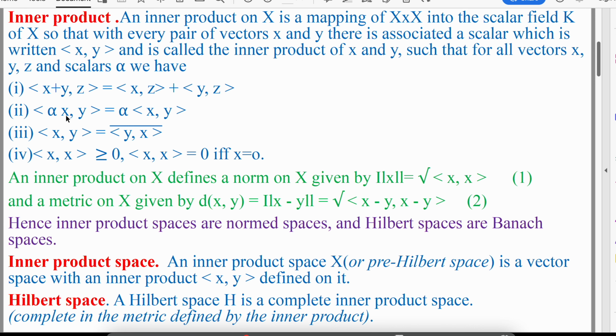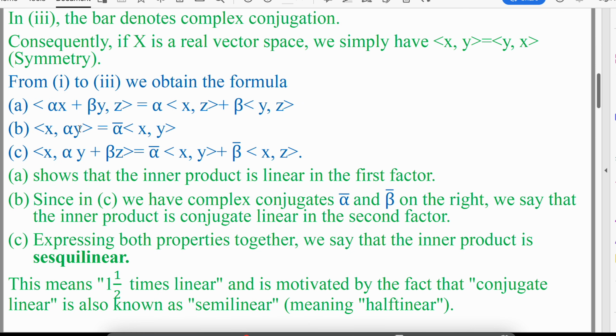So inner product of alpha X and Y is equal to alpha times inner product of X and Y. But here alpha is on the right side. So in this case, inner product of X and alpha Y is equal to conjugate of alpha times inner product of X and Y. If we have alpha this side, then we will have alpha bar here.